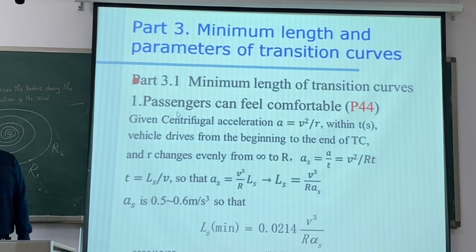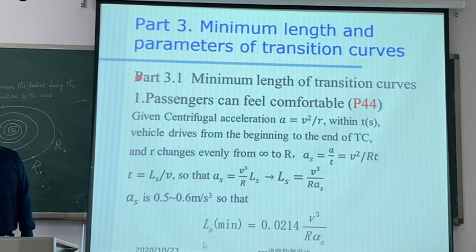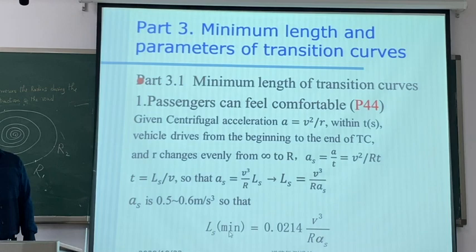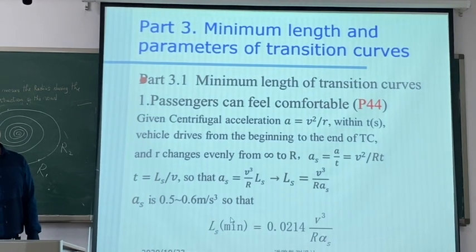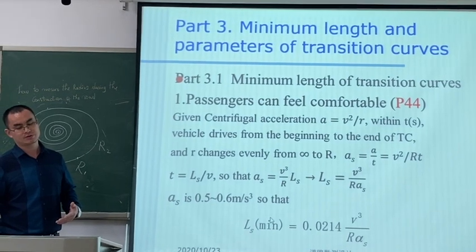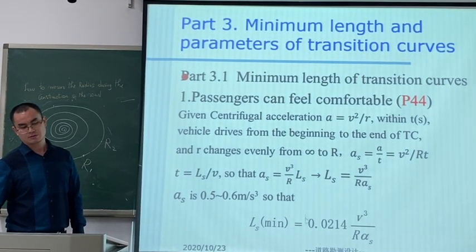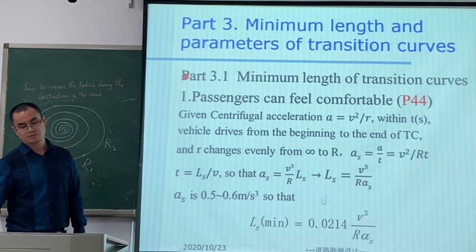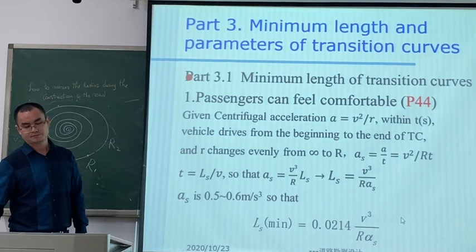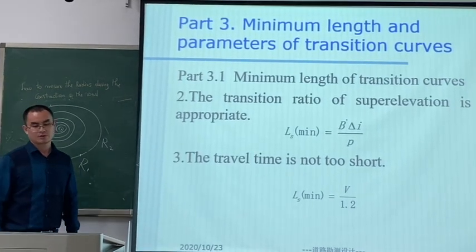So, for passengers to feel comfortable, the minimum value of clothoid length, the minimum length of transition curve, is this part.